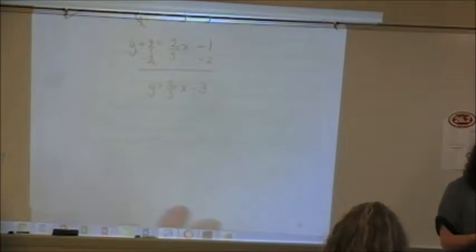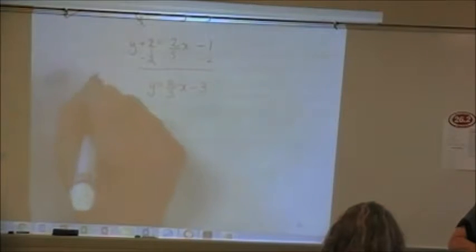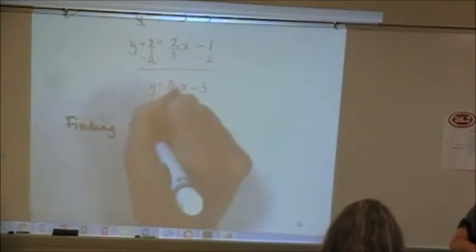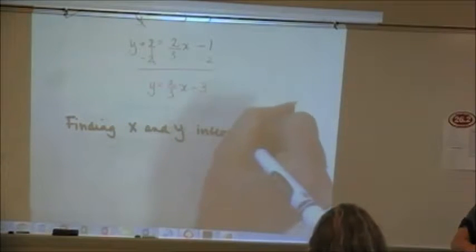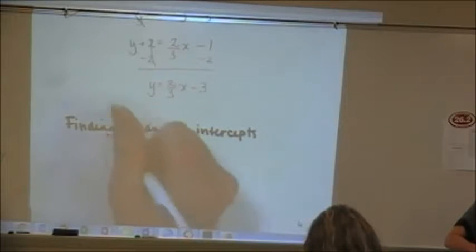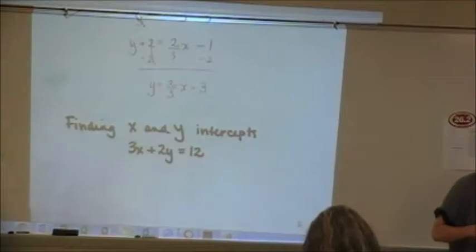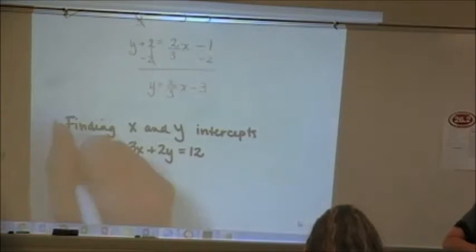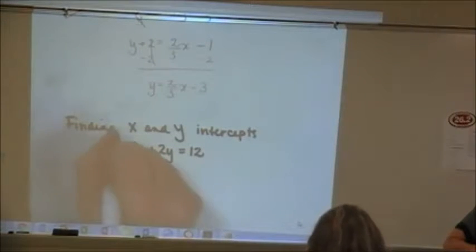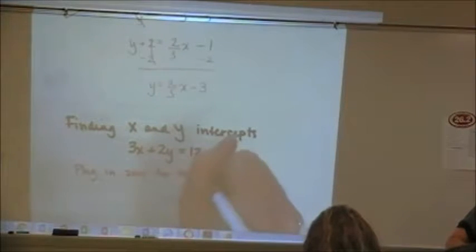Okay, so the next thing is x and y intercepts. With x and y intercepts, don't forget that you're plugging in zero for the opposite.